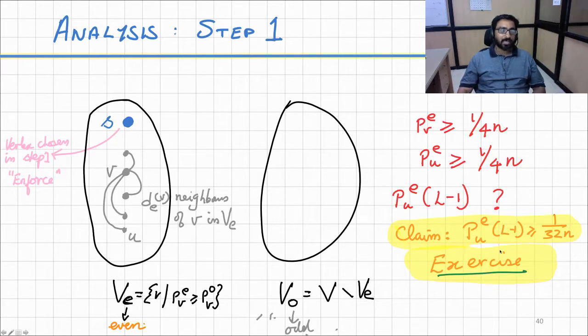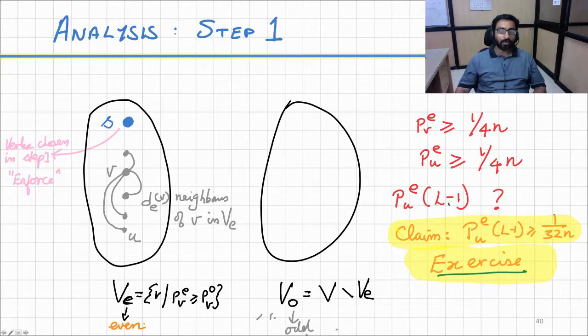So think about this. The hint that I would like to give is that we know PU superscript E is at least 1 over 4n. Now you'll reach U having taken several self loops.